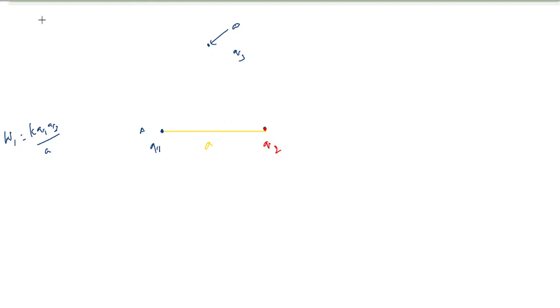Let the distance from point A to this point be B and this be C. Since all three charges are of the same polarity, when we bring the charge Q3, both Q1 and Q2 will oppose its motion. So work has to be done against the repulsive force of both the charges. That work we'll call W2.